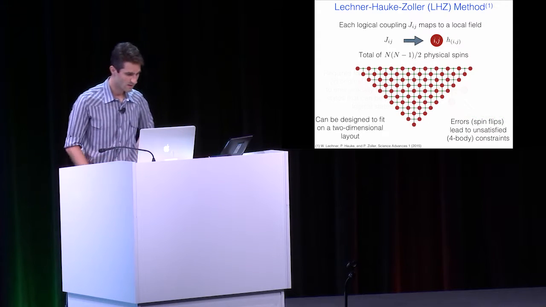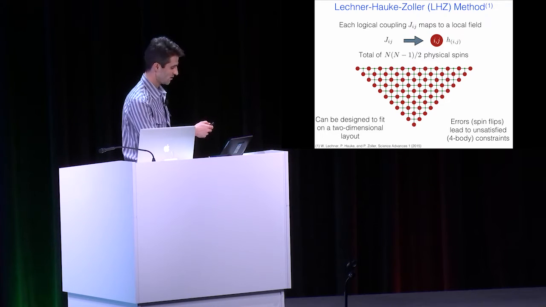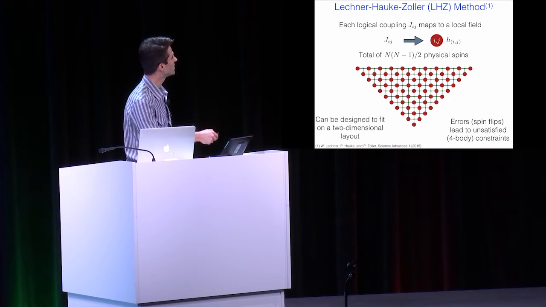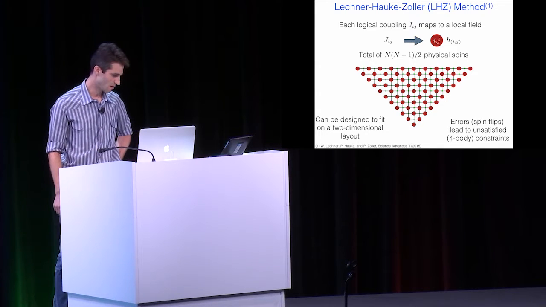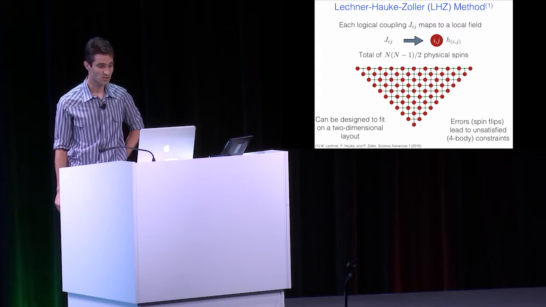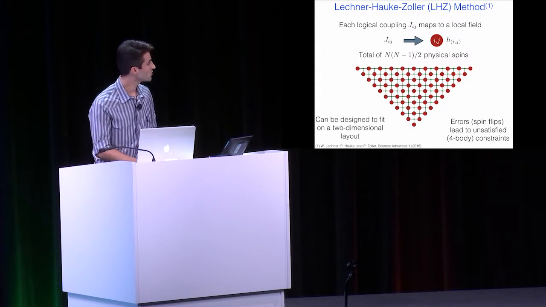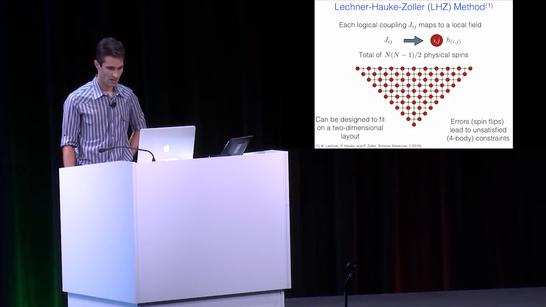What Lechner et al. showed us is that you can use this to build this now very familiar triangular lattice, which implements your original logical problem. What's nice about this is that it fits very nicely on a two-dimensional layout.